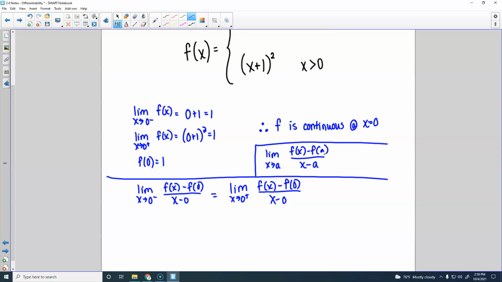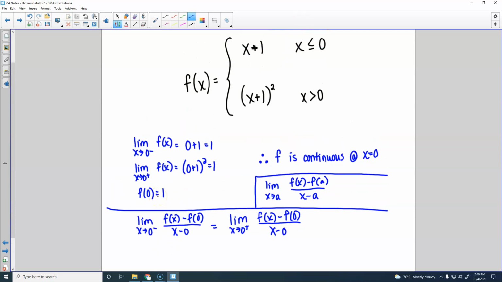So from the left, what is our f of x? x plus 1. So we've got the limit as x approaches 0 from the left of x plus 1 minus f of 0. What was f of 0? 1.